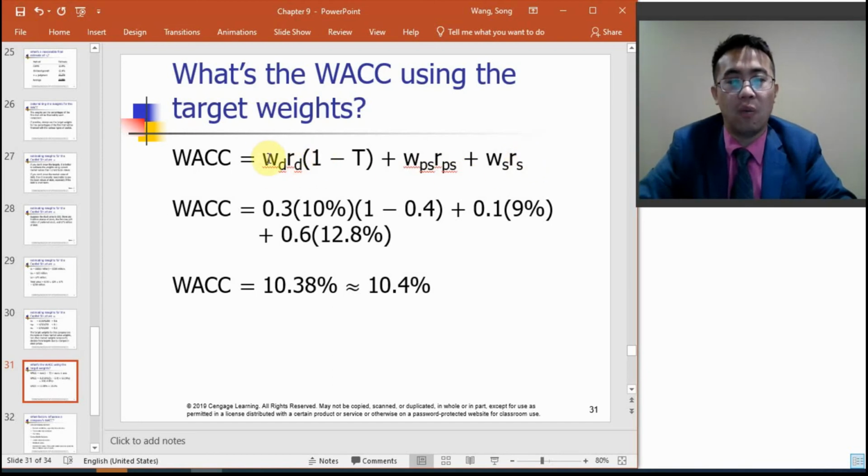And then we solved for the weights of each of the component capital. We plugged in the numbers. And of course, for cost of debt, we're going to use the after-tax part of it by multiplying 1 minus the tax rate. And then we solve for the WACC. And trust me, this will be tested in your final exam.